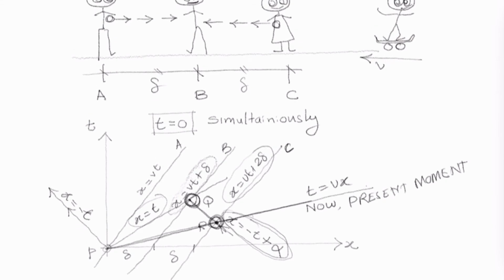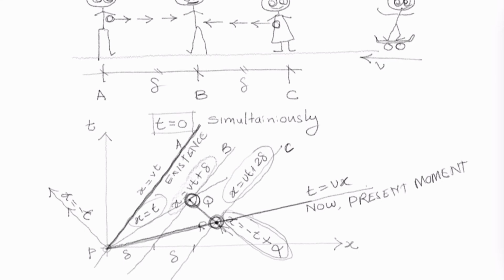Let's look at this person A. His trajectory is x equals vt. This is his trajectory of existence. This is the line where he is not moving in relation to himself. His line of existence.